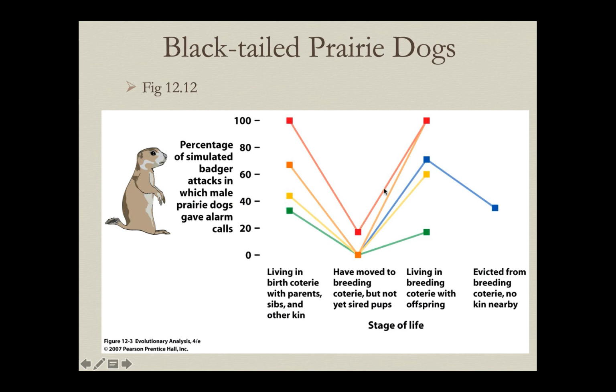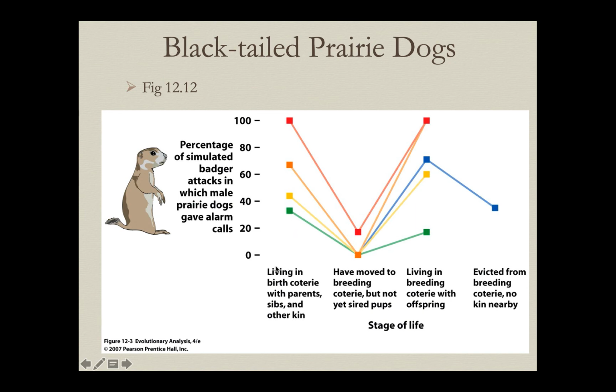Each of these lines and colored dots refers to a specific individual at different life phases. In all cases, these males, ranging from scaredy cats to the real brave individual here, all share some likelihood of giving an alarm call.